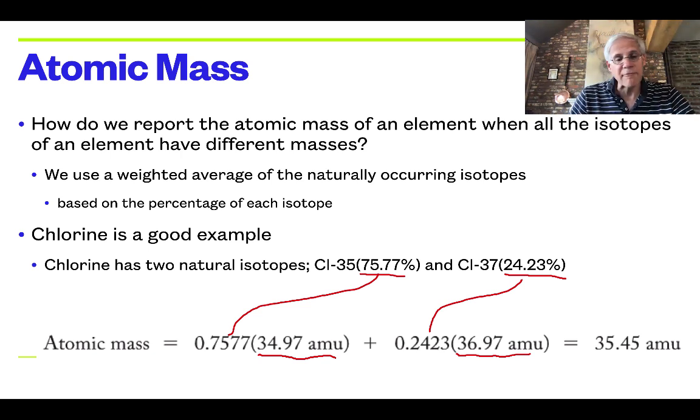We multiply that fraction times the mass for each of our 2 isotopes right here and right here. We add those 2 together, and we get 35.45 AMUs per atom, and that is exactly what you see on the periodic table.